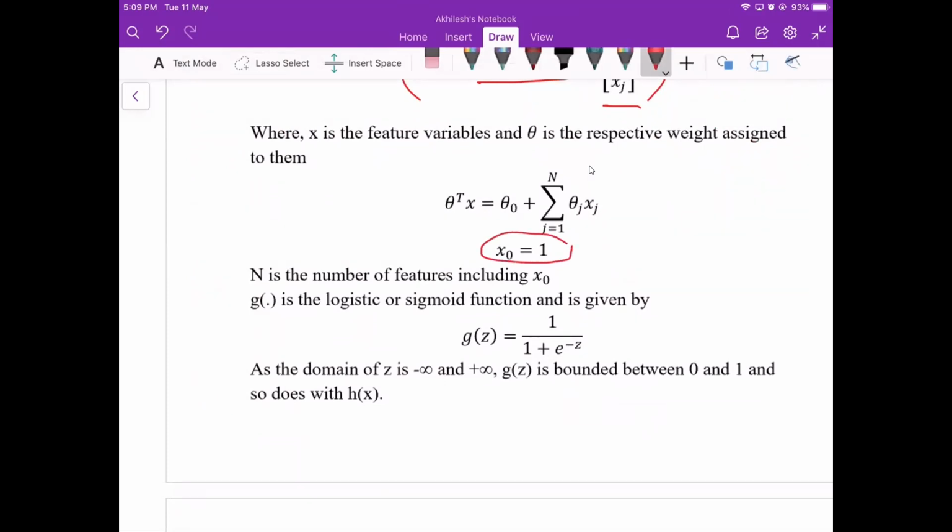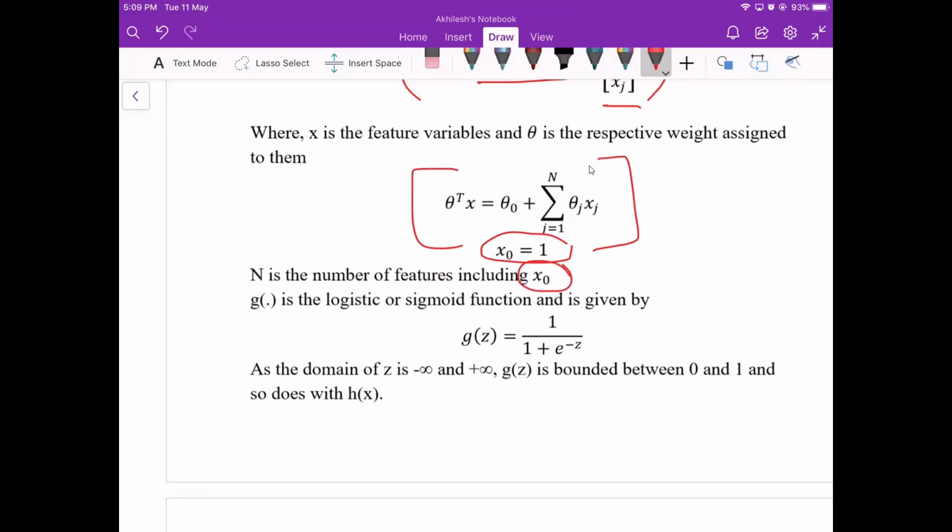In that case, x naught is 1 and the rest are feature variables x1 to xj. I can write it in this fashion, where n is the number of feature variables, excluding x naught.